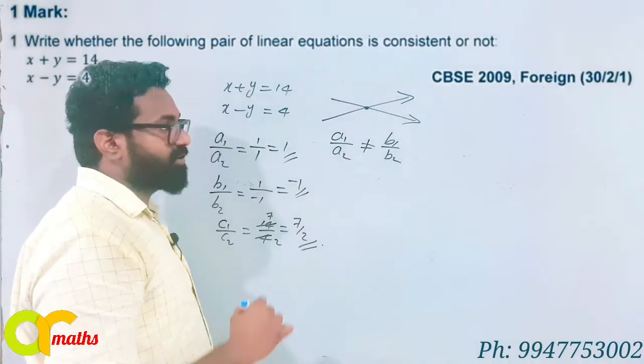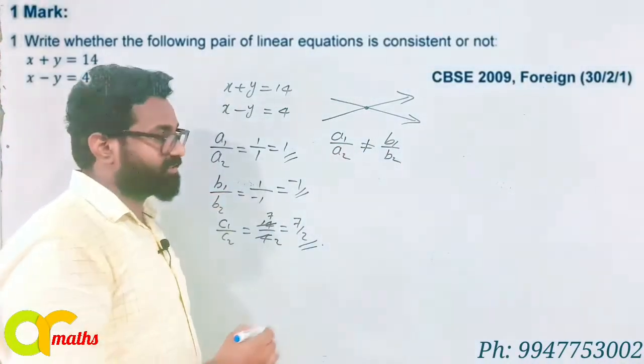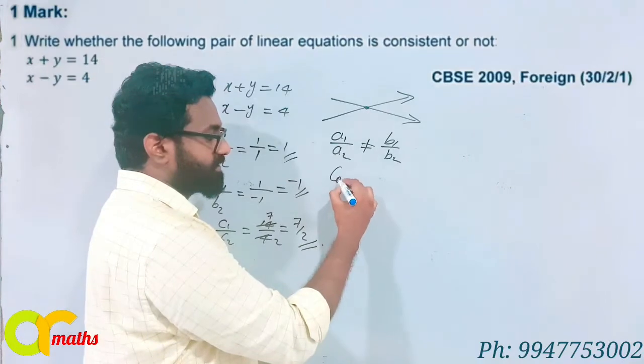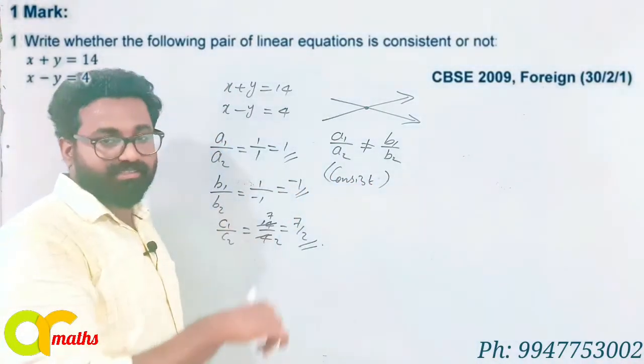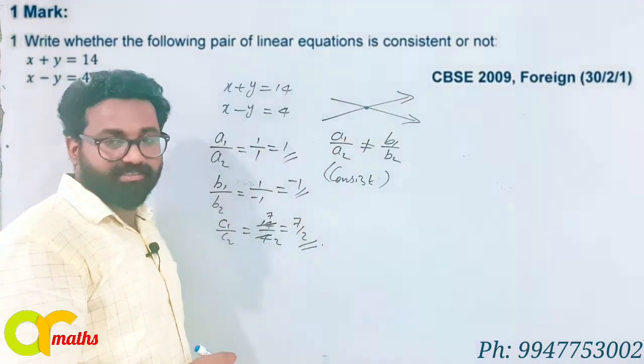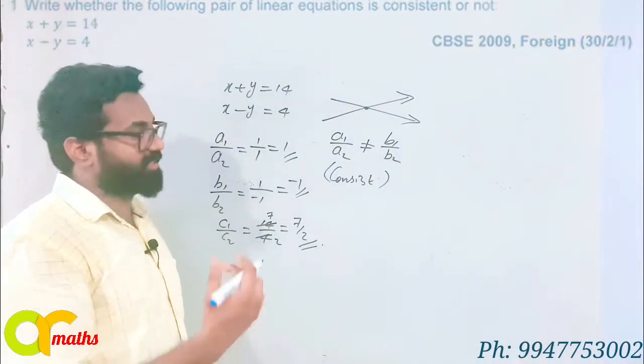So there is only one solution, so it is consistent. The values of x and y exist. Clear? Okay. Next, one more question.